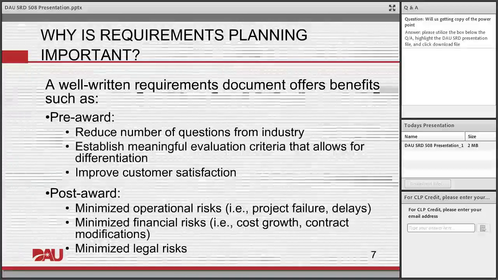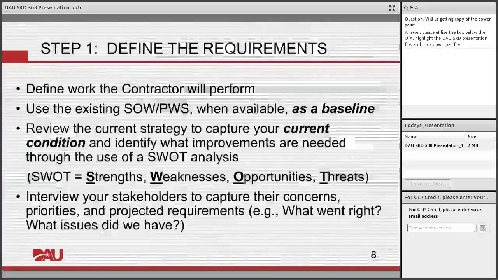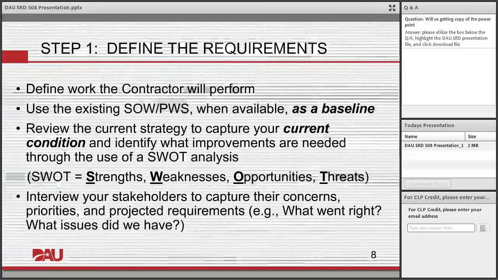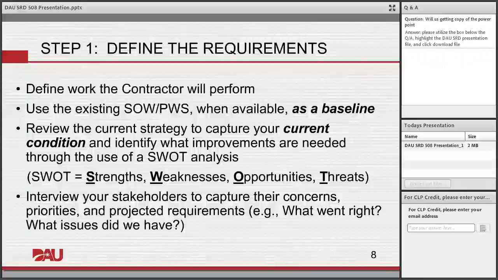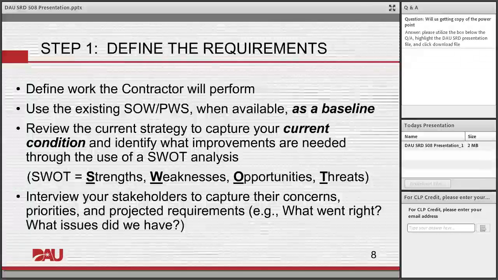So let's get into a good description of what a good requirements document is. We need to define the service or the product that the contractor will perform. Generally, you're either buying a service or you're buying a product. Formal source selection can be used for both services and hardware.